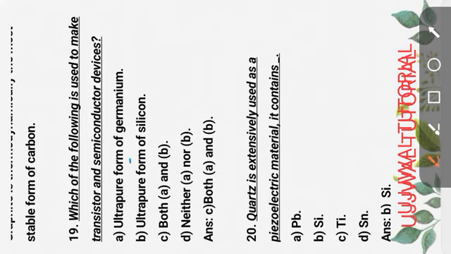Which of the following is used to make transistors and semiconductor devices? Option A, ultra pure form of germanium. Option B, ultra pure form of silicon. That is option C is the right answer.